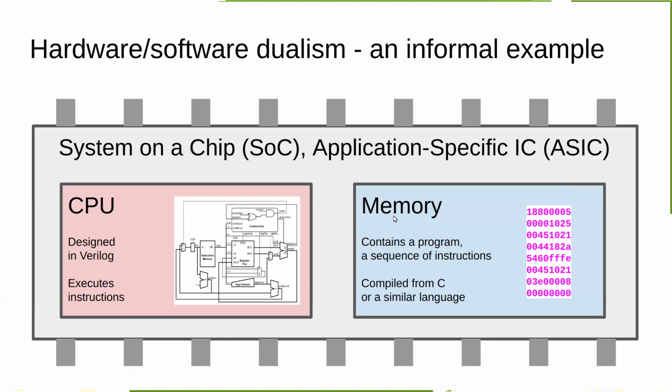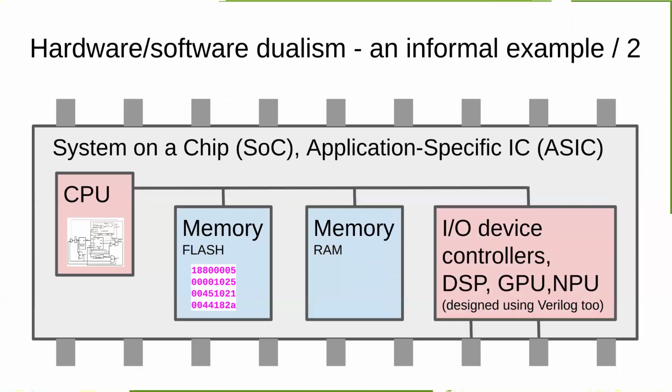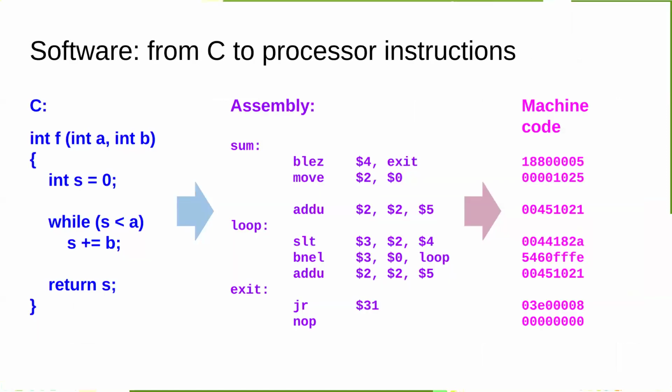And a hardware description language is used to design both the CPU and peripheral controllers. And here is the difference. In software, when you have code in C, you translate this code into a series of machine code instructions.